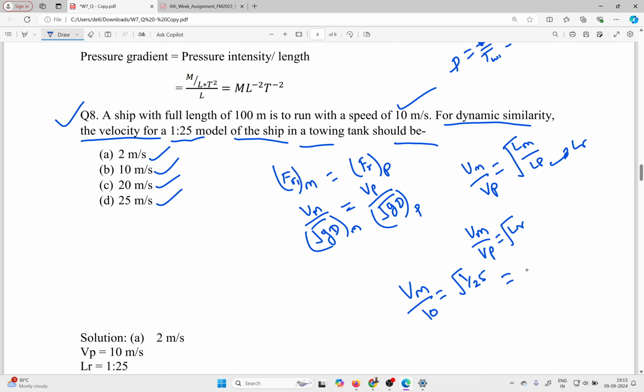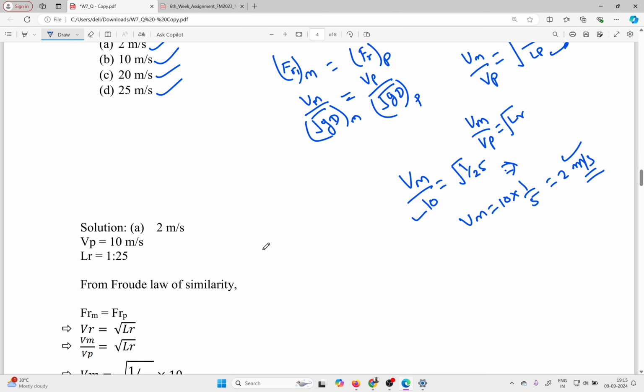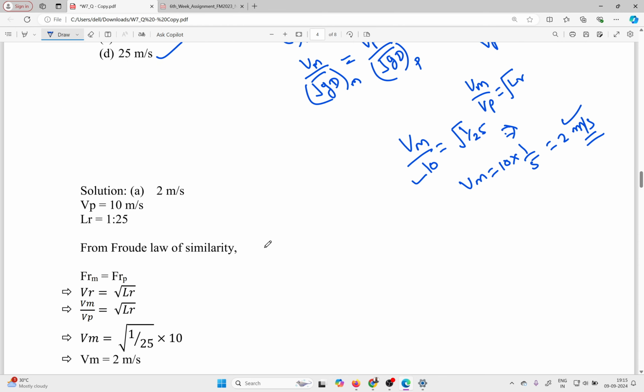So Vm is equal to 10 into 1 by, this is 1 by 5. So it is 2 meter per second. So your prototype velocity is 10, but your model velocity will be 2 meter per second. Similar to the previous question.